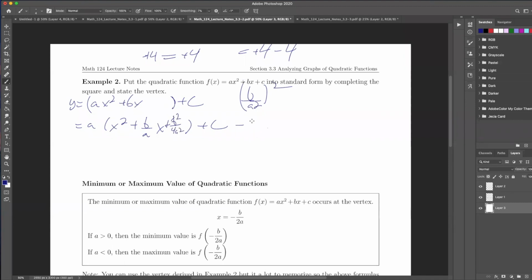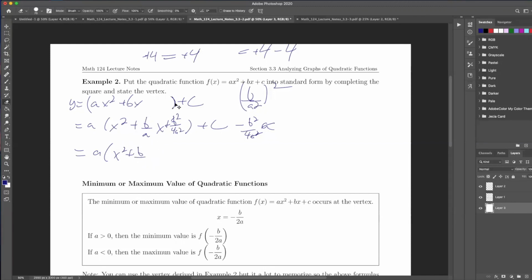I'm going to minus b squared over 4a squared, and then multiply by the a like we did last time. That cancels out this a and this a. And so I have a x squared plus b over 2a, squared.